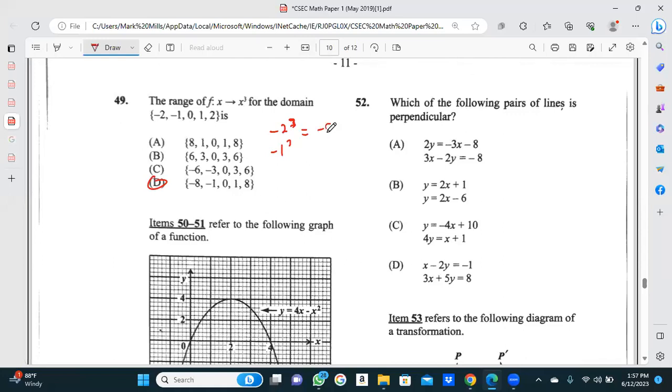All right, negative 1 to the 3rd power will give me negative 1. 0 to the third power gives 0. 1 to the third power gives 1. Then 2 to the third power gives 8. So that's why you got that answer. Thank you, sir. Sure, no problem.